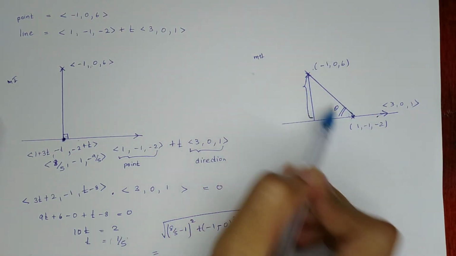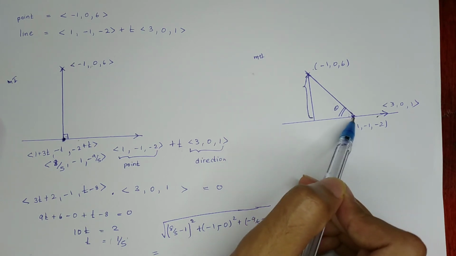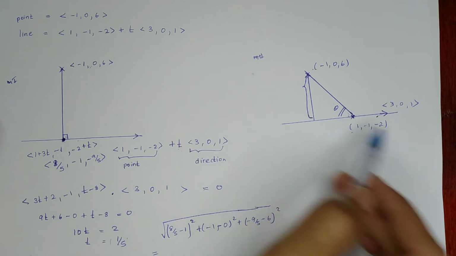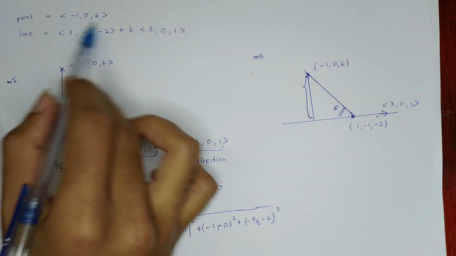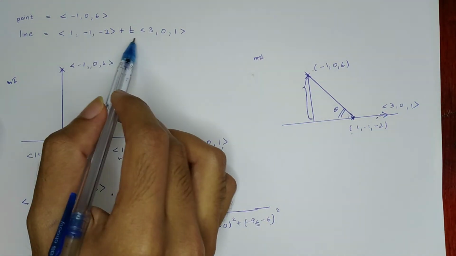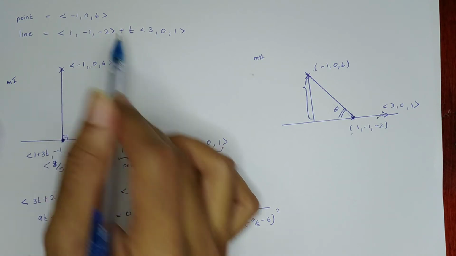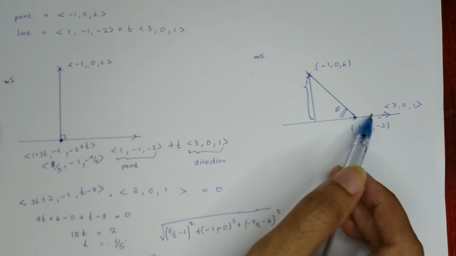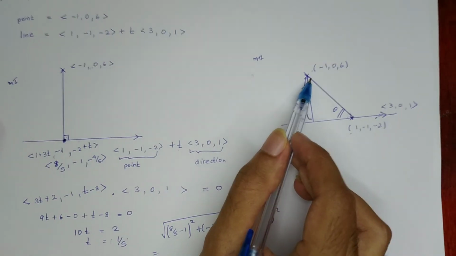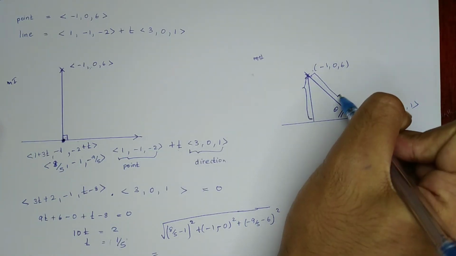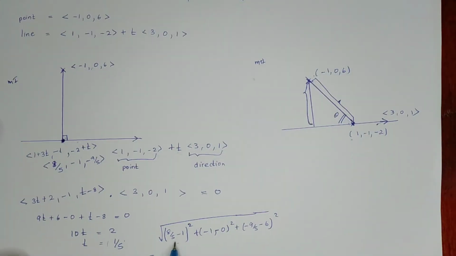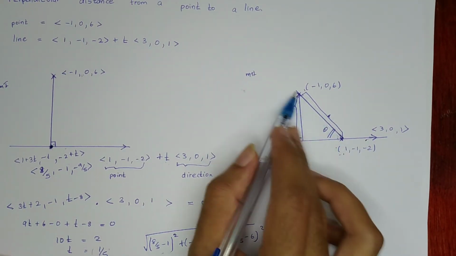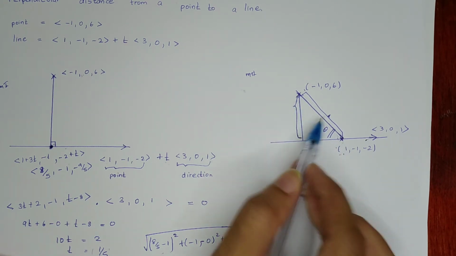So the thing is, I have already marked the point (1, -1, -2). I can take any other points also, but they have directly told the values of this, so I am going to take it. If you need, you can put any values for t and get another point, and after that you need to mark this and find the distance between these. For that, I'm going to use this method again over here. If I know the two points' coordinates, I can directly find this magnitude.